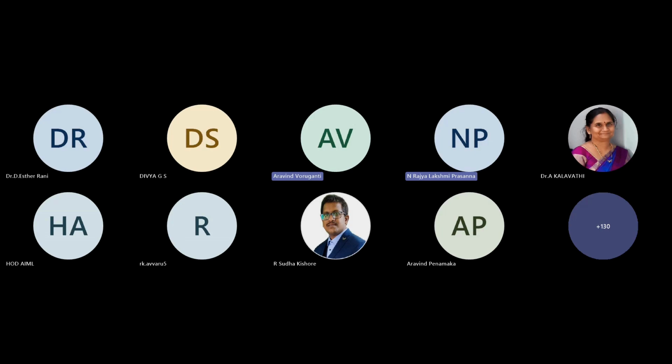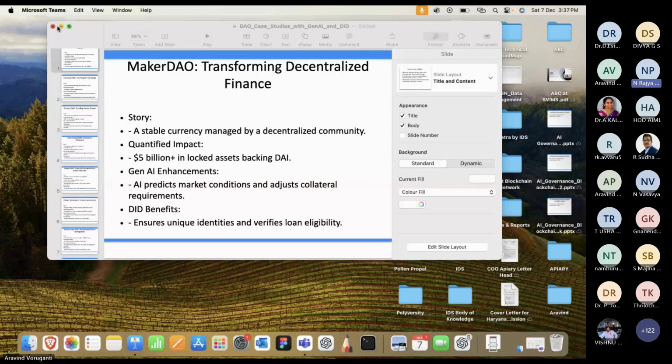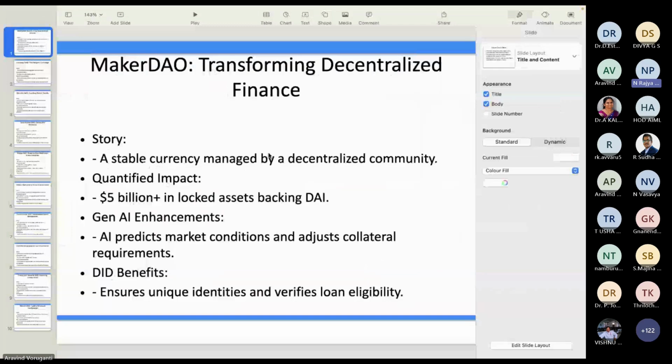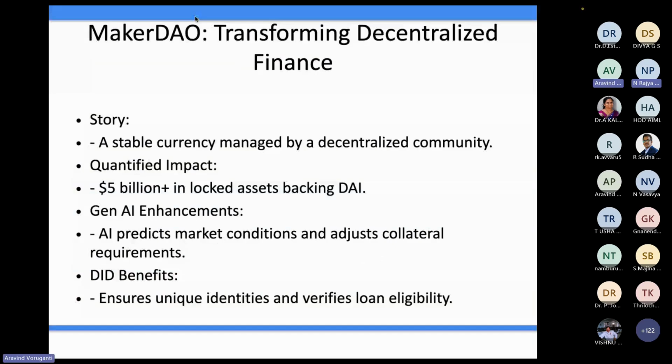Okay, so I'm sharing the screen. First thing is during the 2020 market crash, MakerDAO's governance mechanisms successfully prevented DAI from losing its peg to USD, because pegging is nothing but the value of the stable coin being equivalent to the currency to which it is pegged.